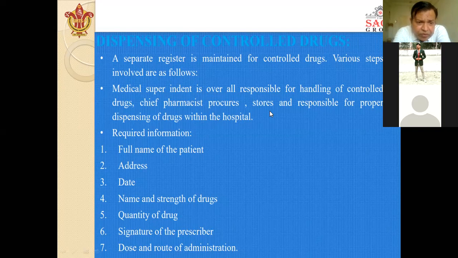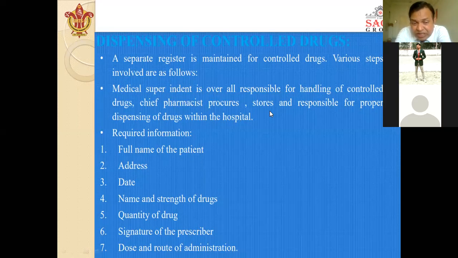Now, required information is given below. You can see the full name of patient, address of patient, date of dispense must be written at the top of the label. After that, top of the record, and after that, name and strength of drug, quantity of drug, signature of prescriber.